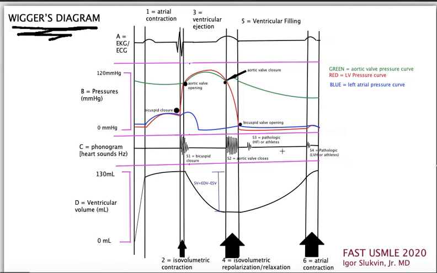S3 and S4 are typically pathological heart sounds. S3, heart failure. S4, aortic stenosis. That's in the pathology section.